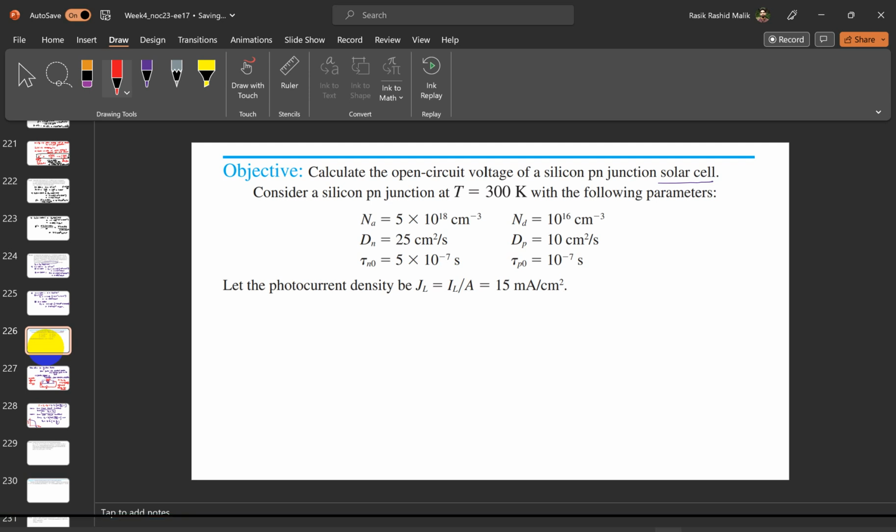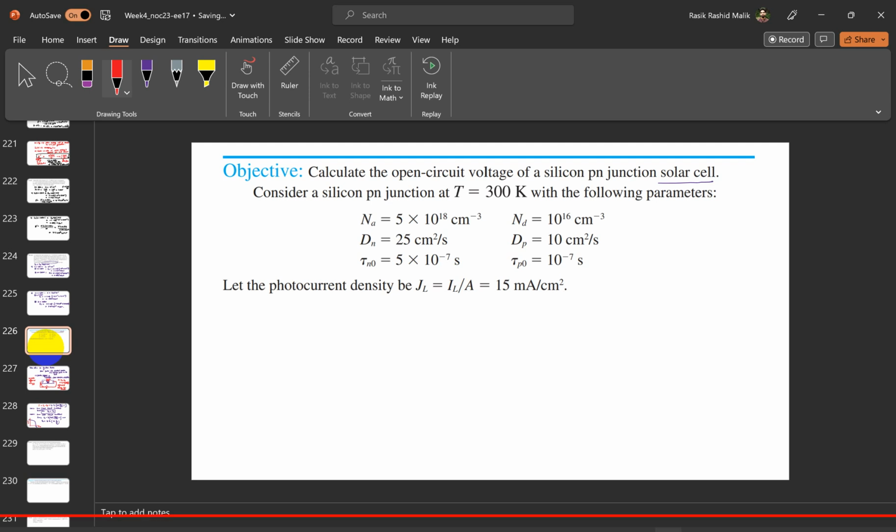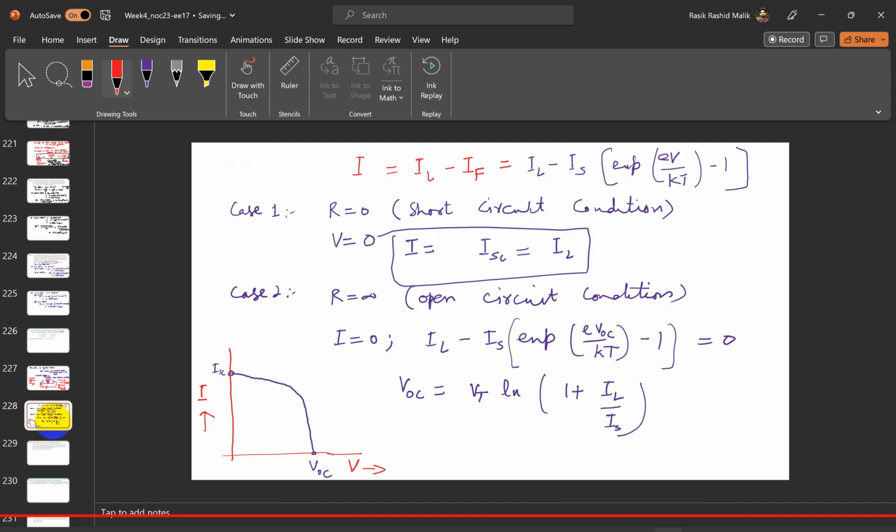And we are given the various values N, A, D, and tau and 0, which may be used to calculate the saturation current IS, and then from that we can calculate the other values, because we have to calculate the open circuit voltage. So if we have to calculate the open circuit voltage, we will need IL, we will need IS and VT.